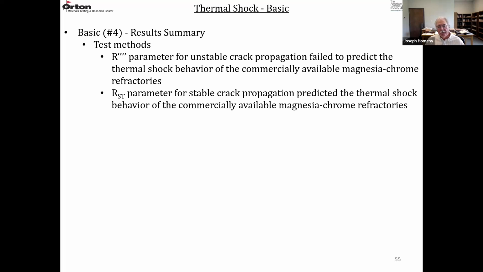And next class is zirconia. Zirconia is more complex because it has a phase transformation just like silica. So we'll do the zirconia materials next class. And then the second lecture next week will be on non-oxide materials like silicon carbide, silicon nitride.